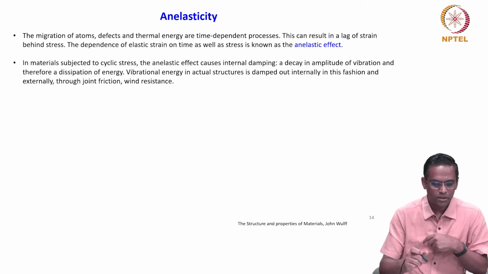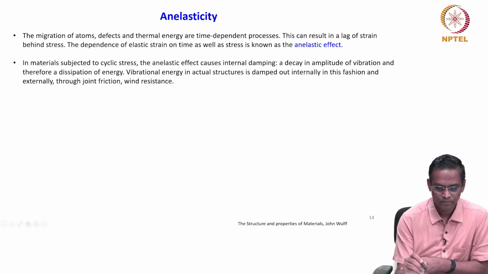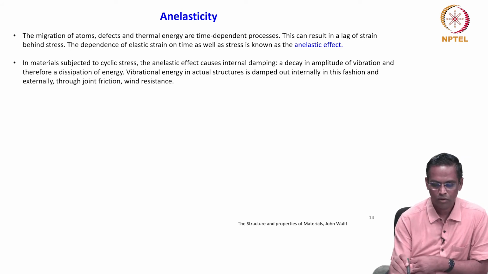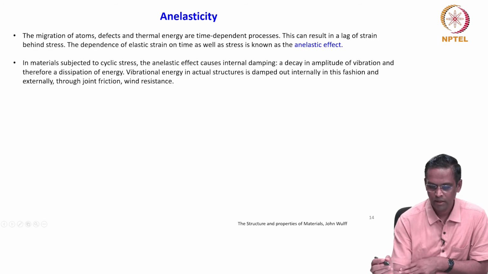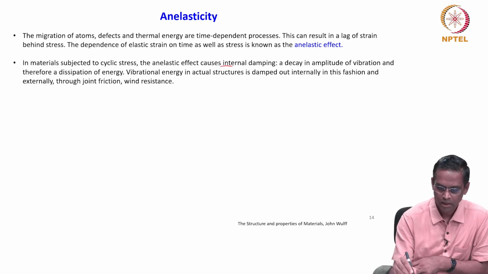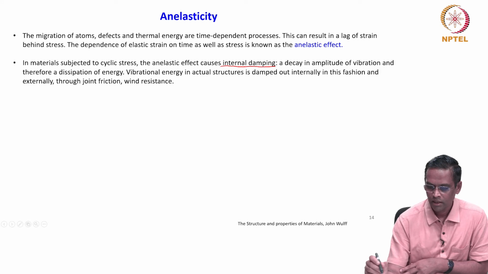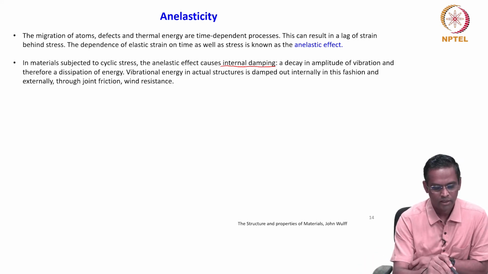When the material is subjected to cyclic stress, the anelastic effect causes internal damping. Okay. What is this internal damping? A decay in amplitude of vibration and therefore a dissipation of energy.